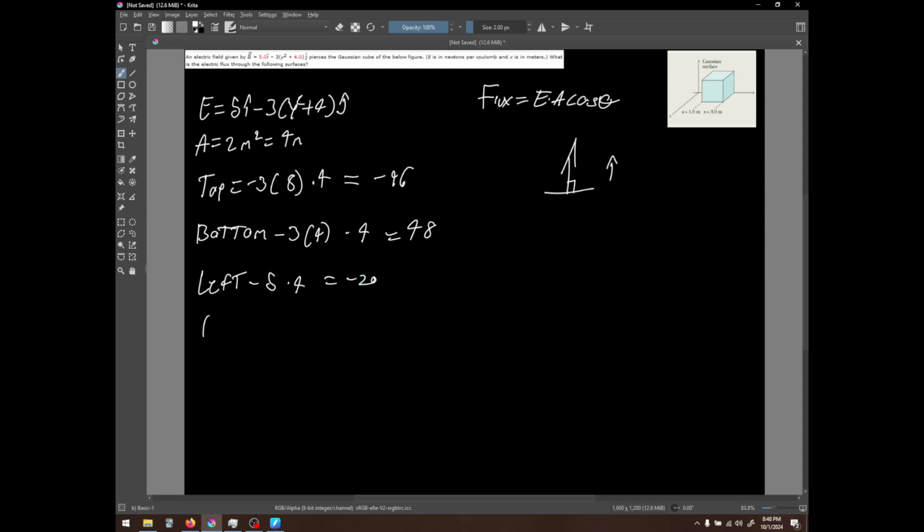On the right side, it doesn't ask for it, but the right side is going to be, so top, bottom, left, and right, back. It doesn't ask for the front face.